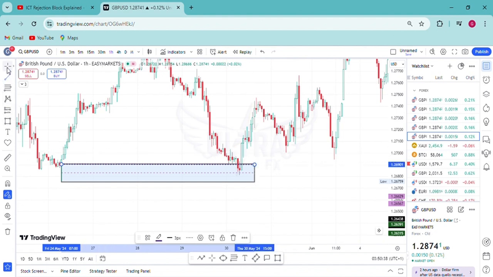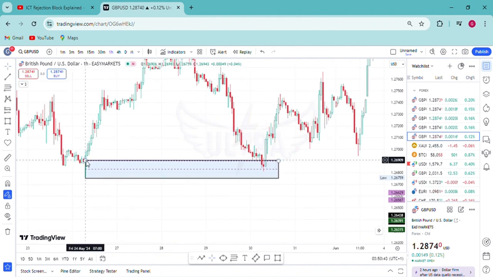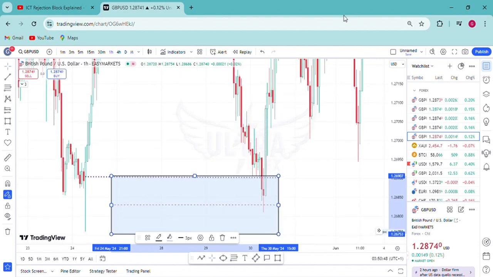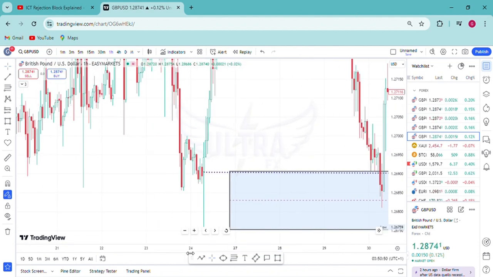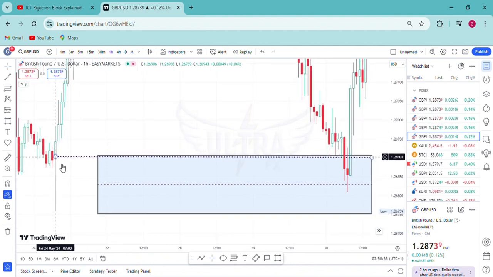All right, so 900 is where we should enter. So now this is 900. You can see price rejecting from that zone, and the market is not closing below it. You can see where the market closed above it, meaning that price is really rejecting that spot, and it's also a psychological number, a big number.